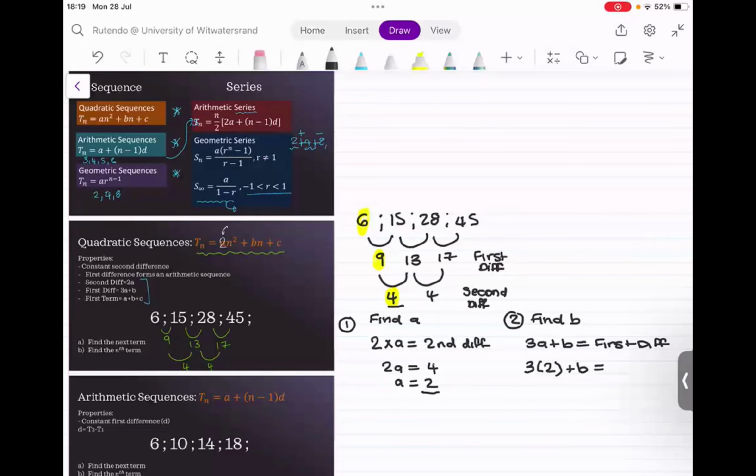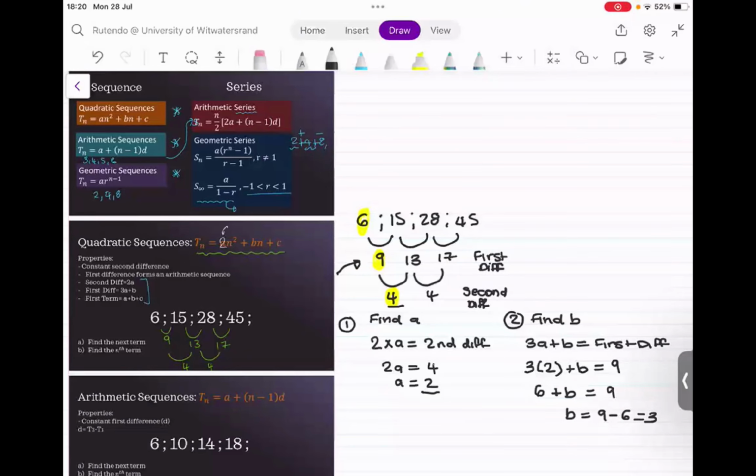And so now I can say 3 times 2 plus B is going to be equal to my first difference, which is 9, because that was the first difference in my first row here. Okay, so now we can say 3 times 2 is 6, plus B is equal to 9. And so we can say that B is equal to 9 minus 6, which is equal to 3.